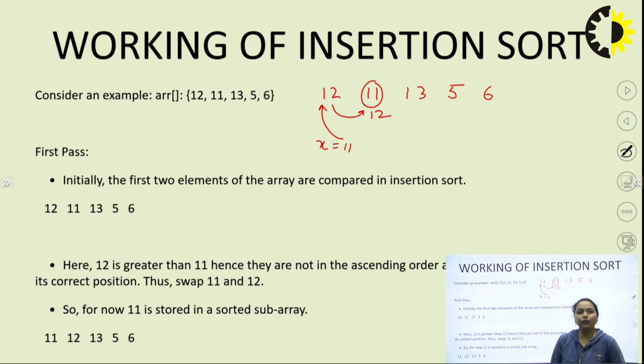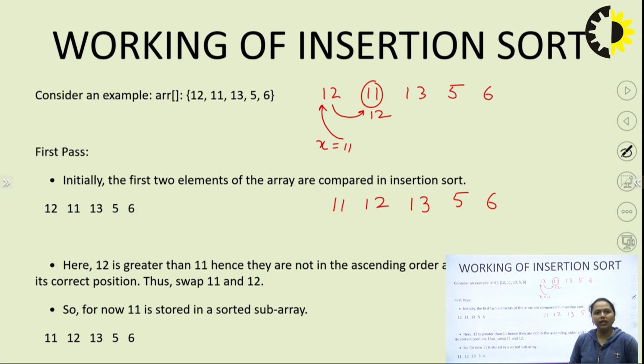So, what we did was copy the content of the variable into its correct position. We didn't swap, we copied the content. After this step 1, we receive 11, 12, 13, 5 and 6.